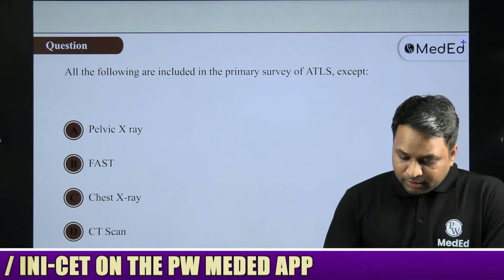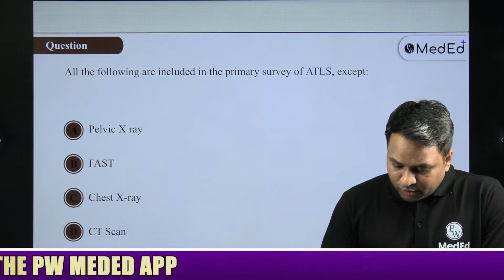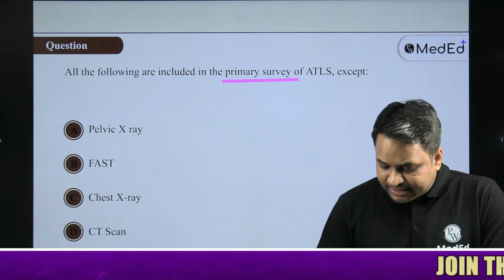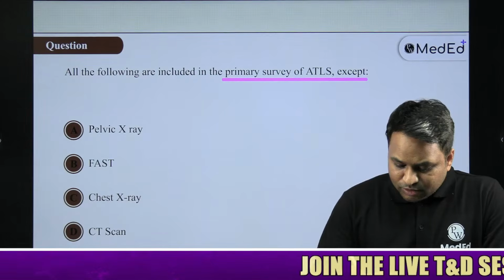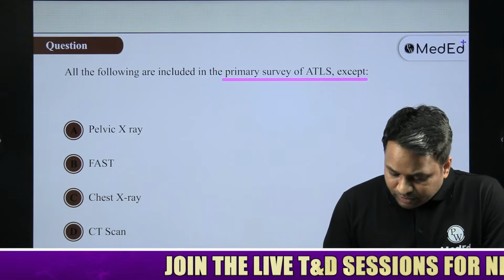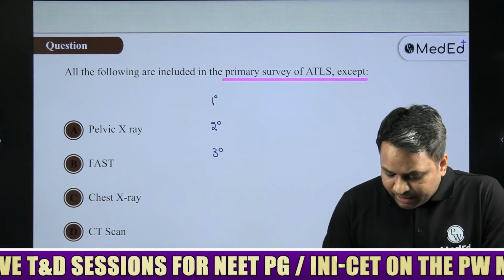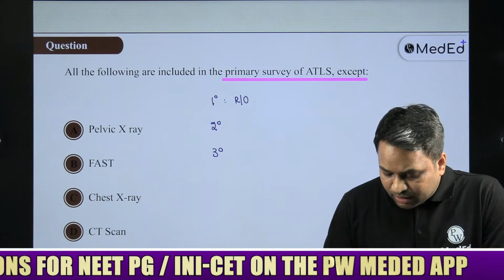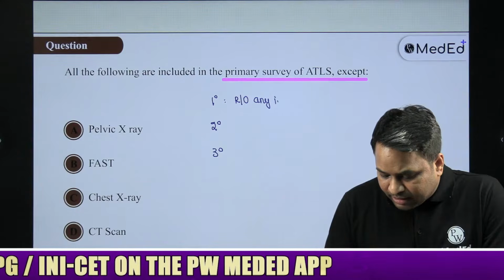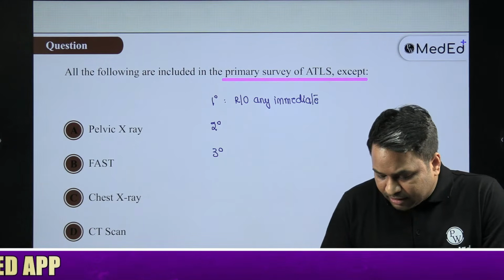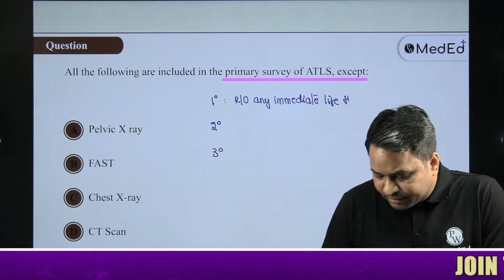Now, all of the following are included in the ATLS primary survey except. Now we talk about the surveys. There are three surveys that we do: primary survey, secondary survey, and tertiary survey. The primary survey is to rule out any immediate life-threatening injury.